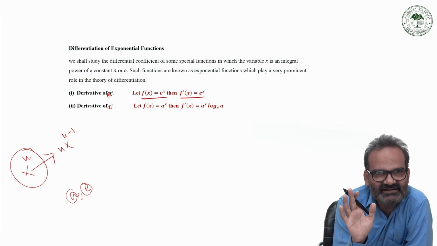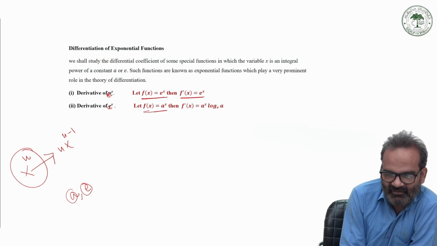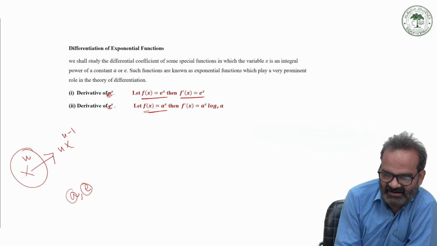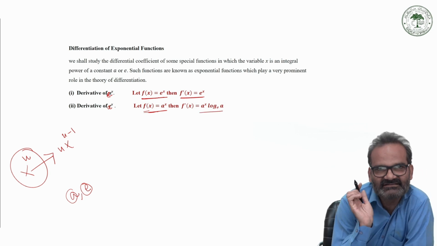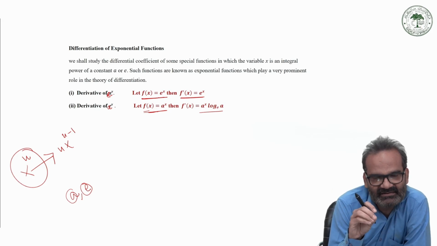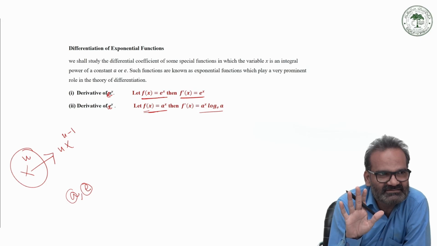It remains the same. But if f(x) is equal to a raised to the power x, where a is any constant, then its derivative is a raised to the power x times log a base e. These are the two formulas which we will use to find the derivatives of all exponential functions, right?